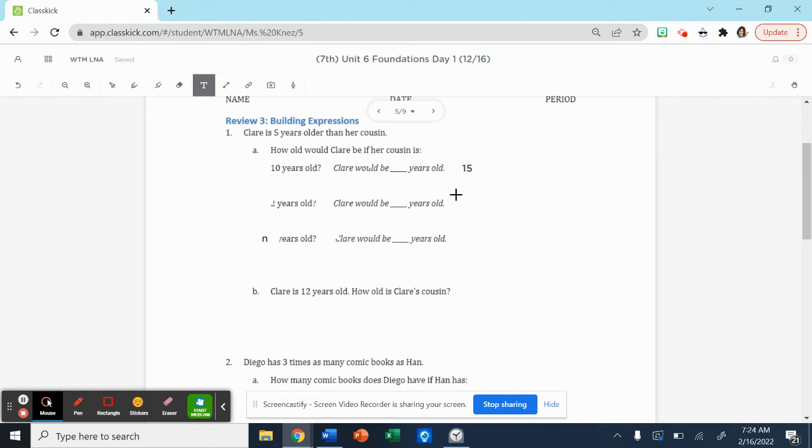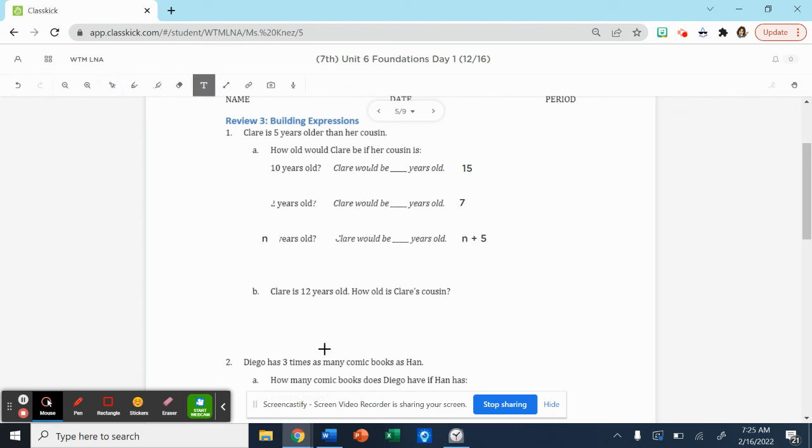If Claire's cousin is 2, she would be 7. We're just adding 5 to how old Claire's cousin is so we can see Claire's age. Notice that n is any number of her cousin's age. Could be 1 year, 10 years, 50 years. No matter what n is, we're always going to add 5 to find Claire's age. And so our expression to represent the situation is n plus 5.